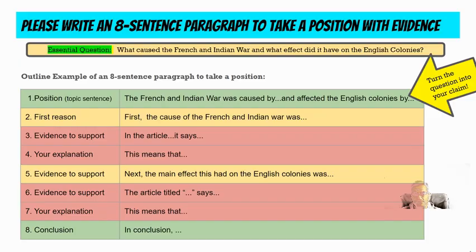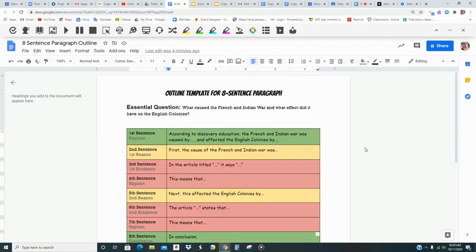Let's take a look. Here is the file in the Google Classroom. It is called 8-sentence paragraph outline, and you can see it is a template for an 8-sentence paragraph.